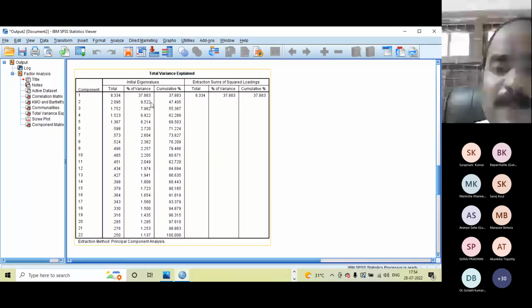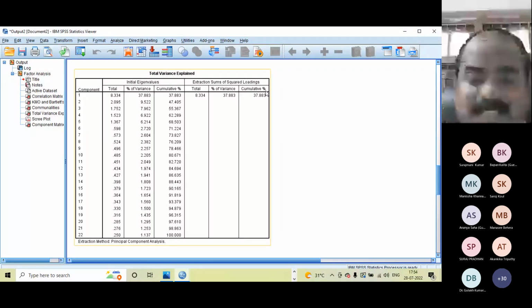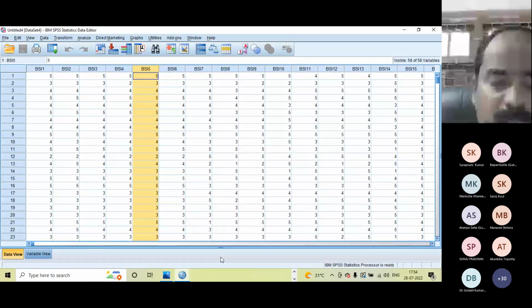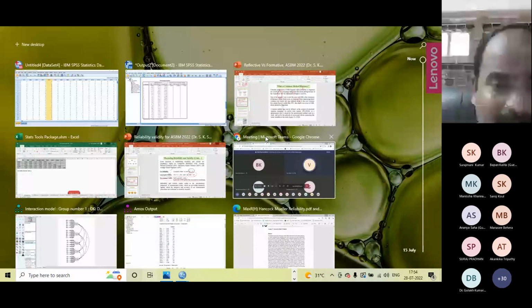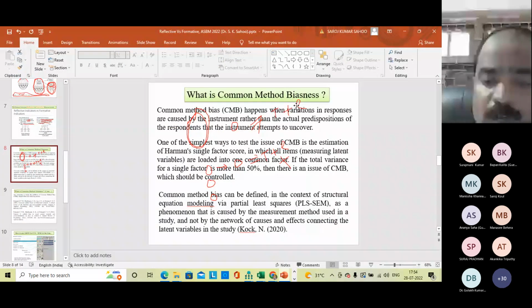How much cumulative variance is it giving me? Near about 38%. That means 37.883, near about 38% cumulative variance, which is less than 50%. According to Herman's standard, after producing only one factor, if your cumulative variance is less than 50%, then you are safe.